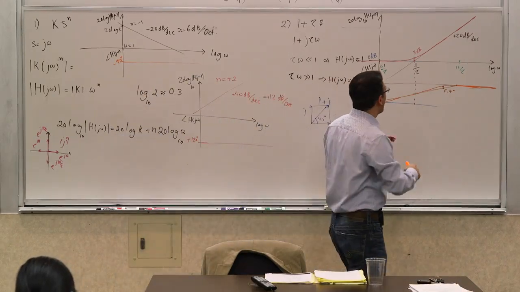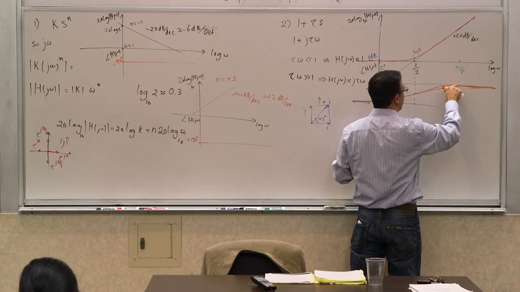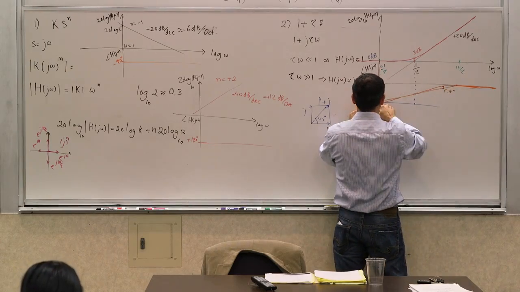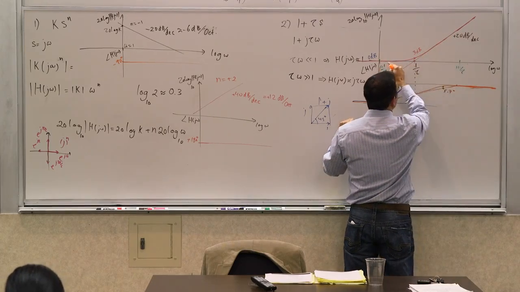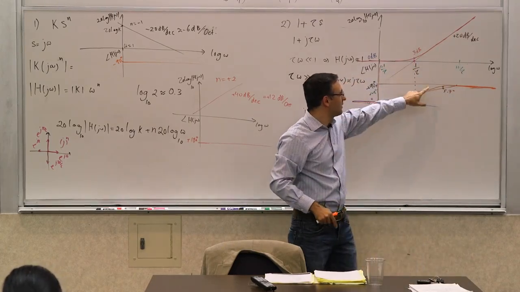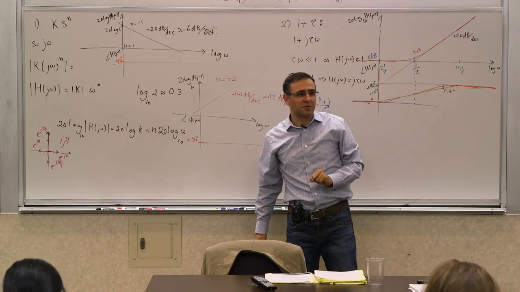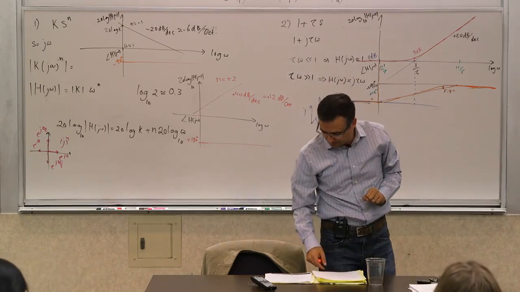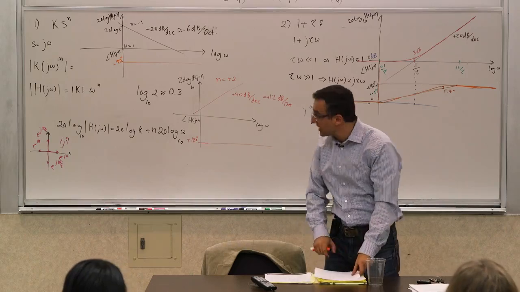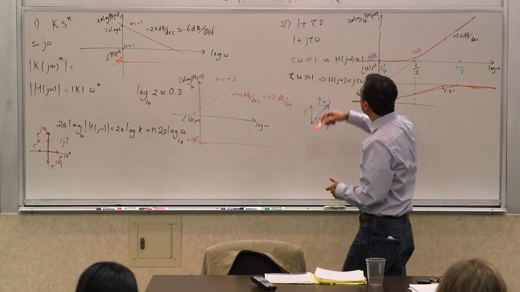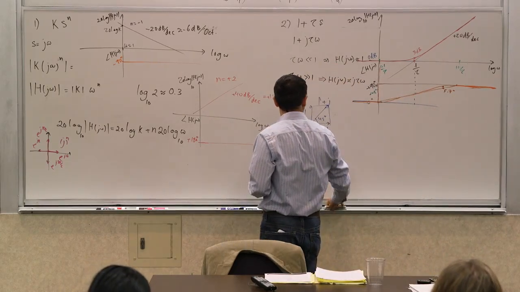But that's what it is. So what we want to see is really these asymptotes. What we would like to see is this straight line, this straight line, and that straight line, and knowing that, yes, there's a 3 dB here, and then there's a 5.7 degrees error there. Okay, so that's basically 1 plus tau s.